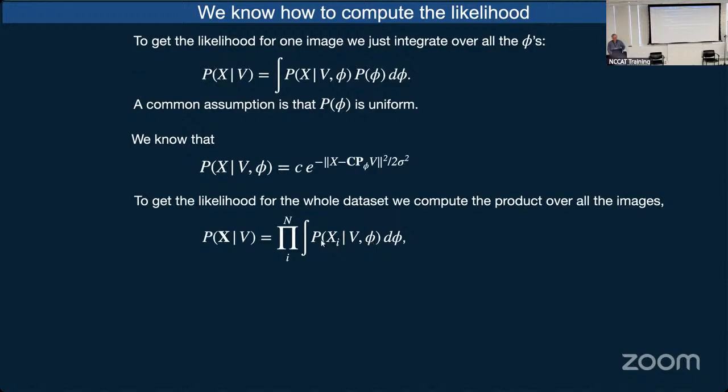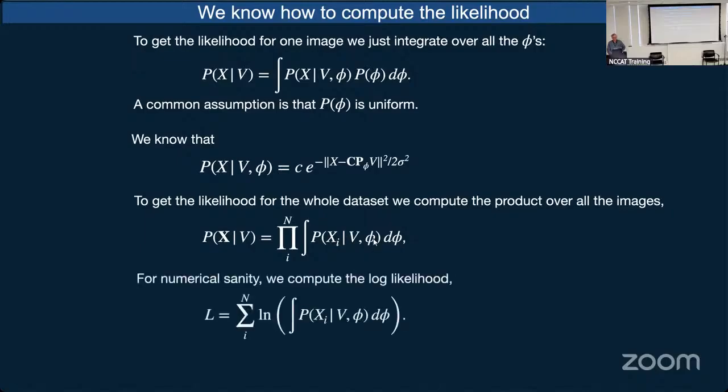We compute this for all projection directions and for all images, and then we vary v bit by bit to try to maximize this thing. Sounds like a tremendously difficult problem. You have 1 billion voxels to vary. You have thousands of images, and you have thousands of projection directions. So it's a really, really horrible thing.